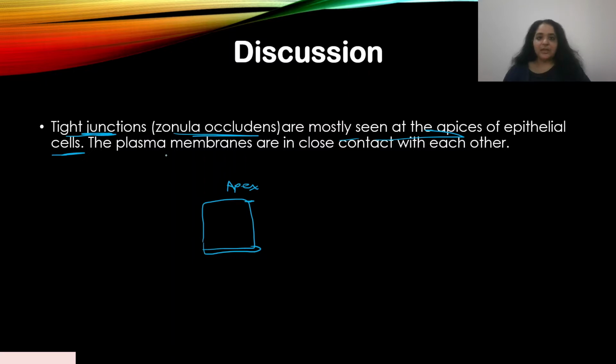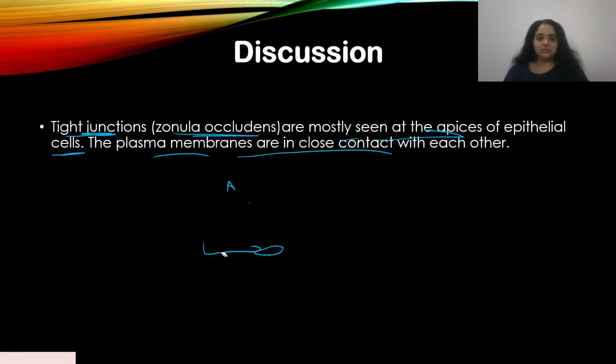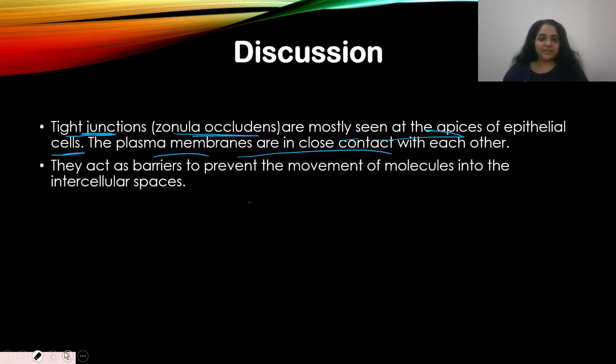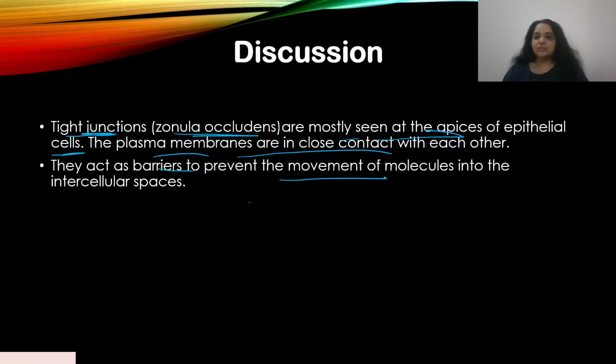And the plasma membranes are in close contact with each other. So if it's two cells sticking together, plasma membranes are in close contact with each other. So this is called tight junction. Now they act as barriers to prevent the movement of molecules into the intercellular spaces.